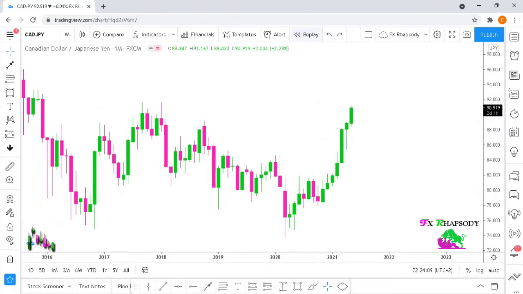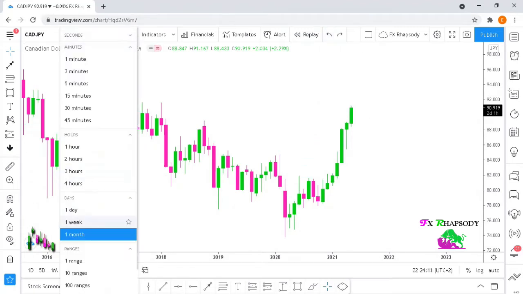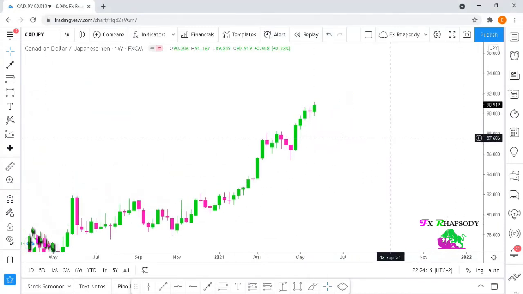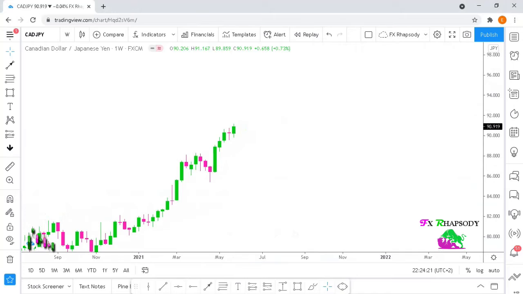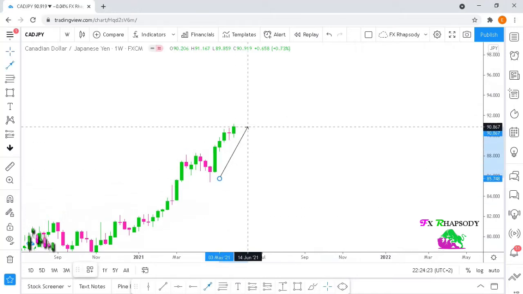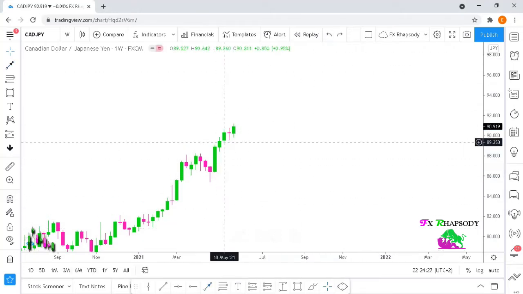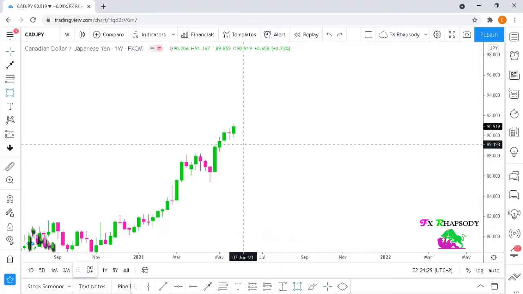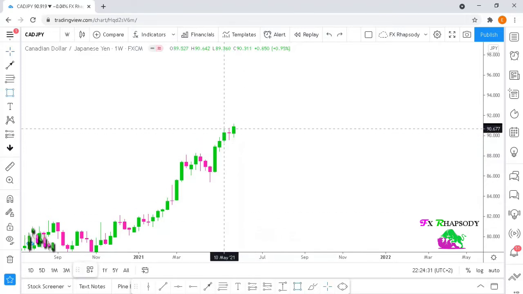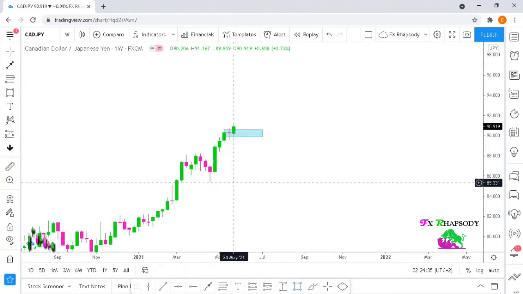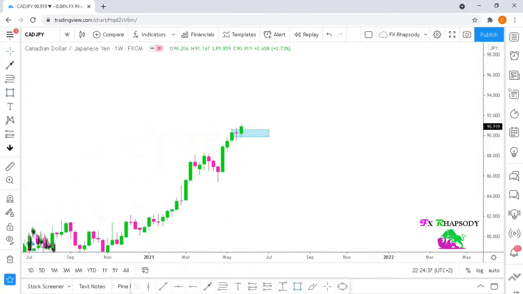On a weekly time frame, let's just scroll down to the weekly time frame. We can see that, like I said, this big push to the upside, but there's one candle with all these bears that is not in place, and that will be this little bullish candle there, almost a doji, but it's not.